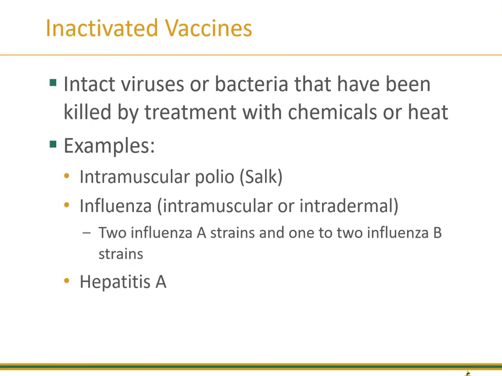Inactivated vaccines are usually viruses or bacteria that are intact and have been treated with some kind of chemical or heat to kill them, like the IM polio, which is the Salk vaccination. Influenza is done that way. Hepatitis A is also an inactivated vaccine.